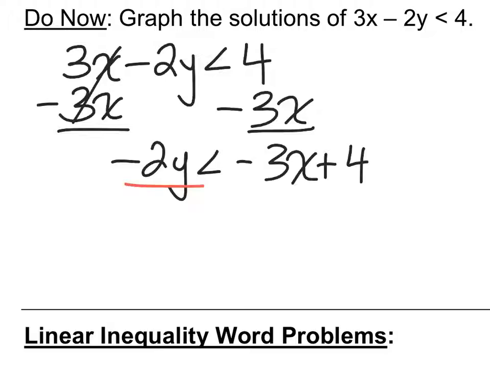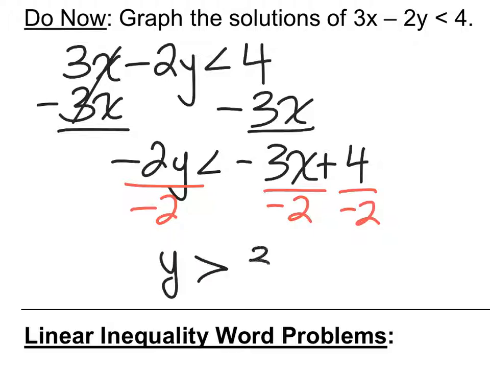I'm going to divide by the negative 2. So I'm dividing each part of my equation by a negative 2. What happens to an inequality when I divide by a negative? The inequality sign switches. So 3 over 2x minus 2.